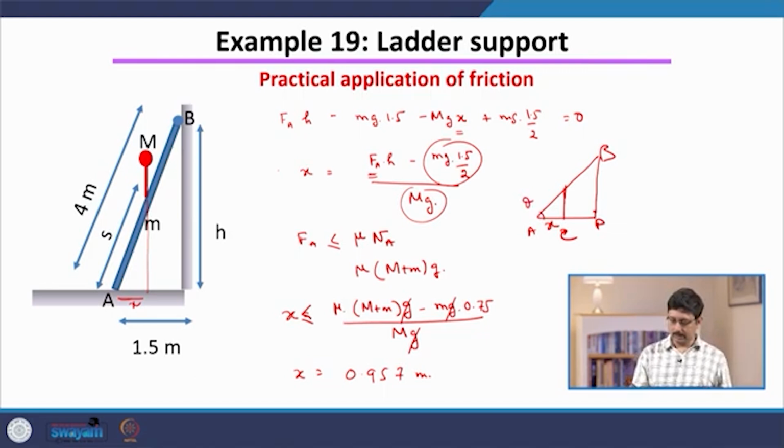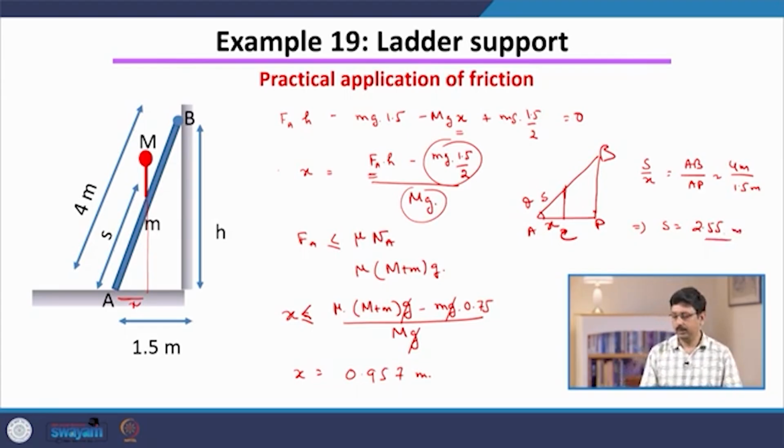You can see that s by x is given by AB by AP, which is 4 meter by 1.5 meter, and from that you get s to be 2.55 meter. So, plug in the values of x, AB and AP, and you get that answer.